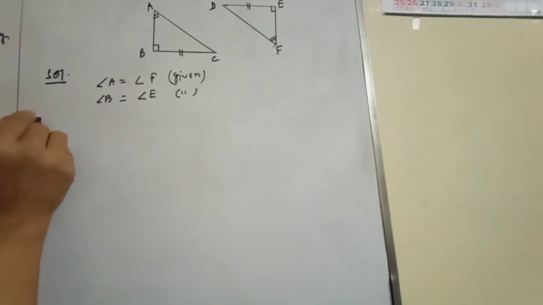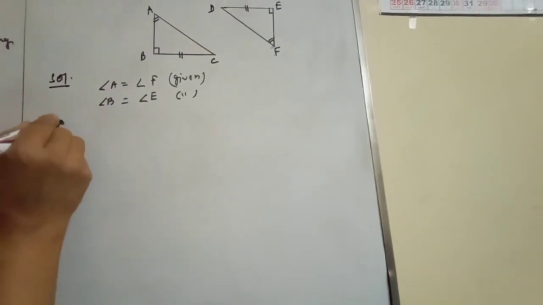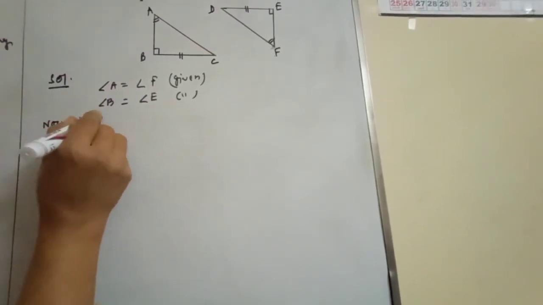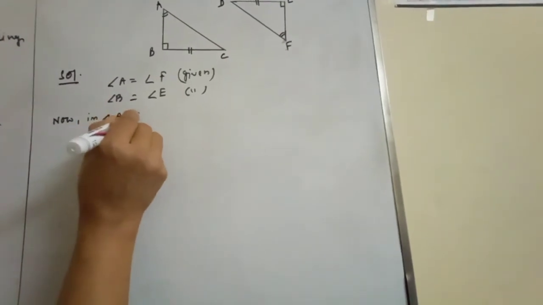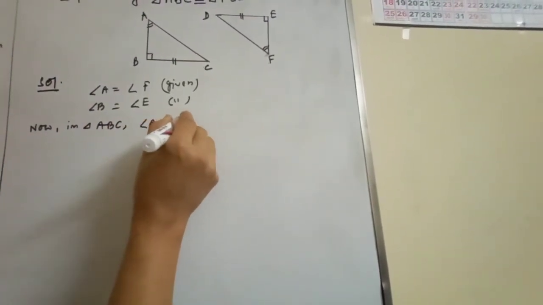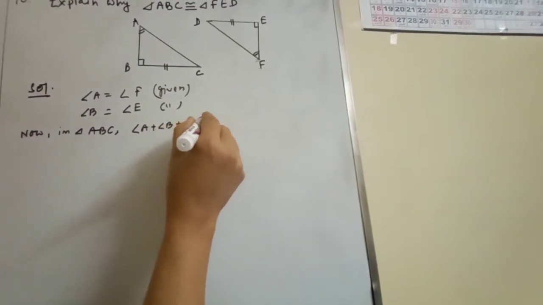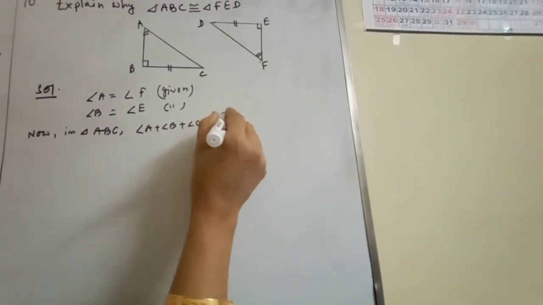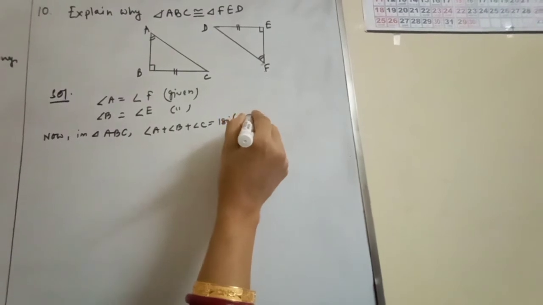Now in triangle ABC, angle A plus angle B plus angle C equal to 180 degrees. You know that, the angle sum property of a triangle.